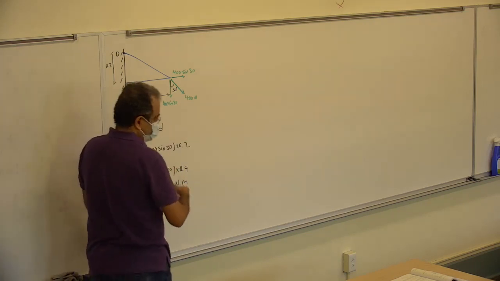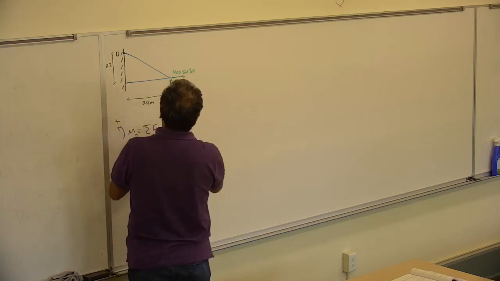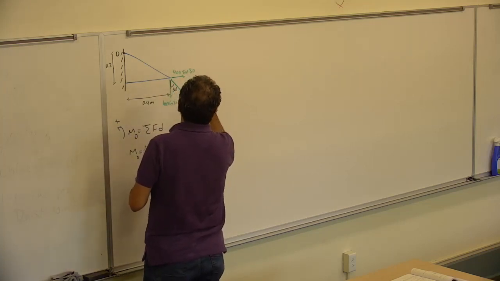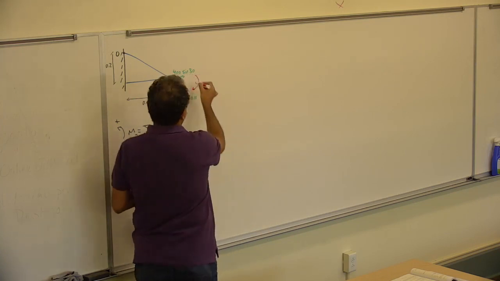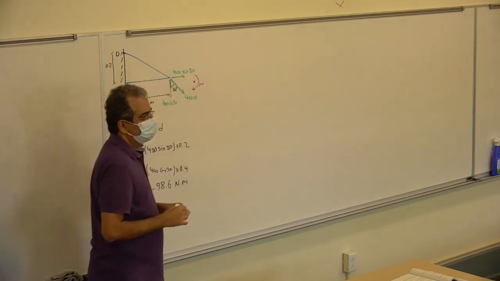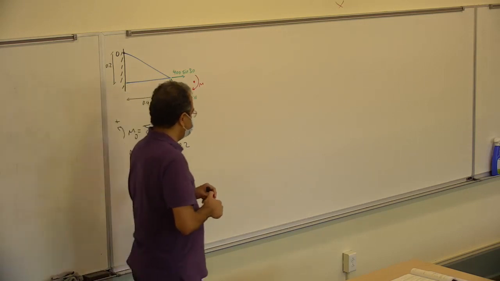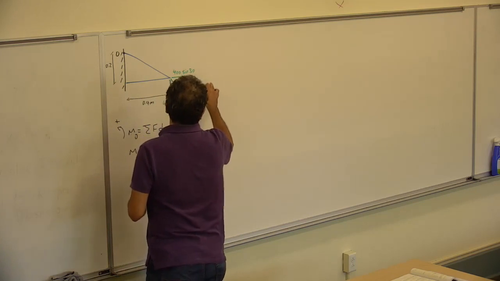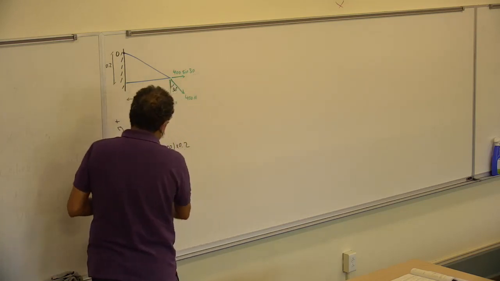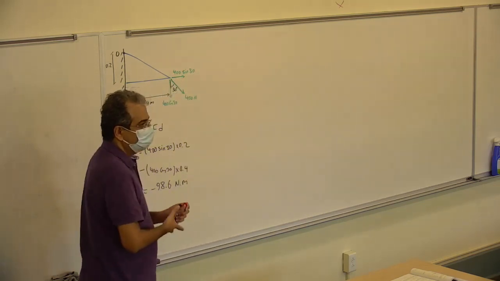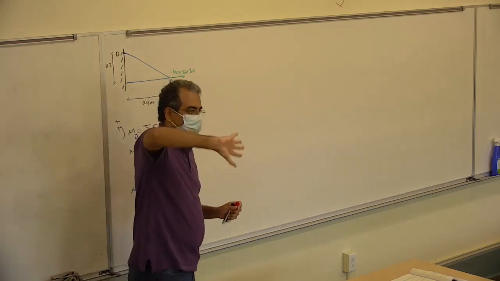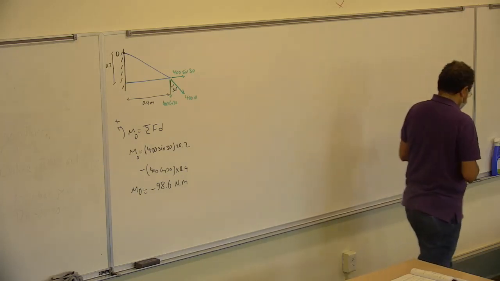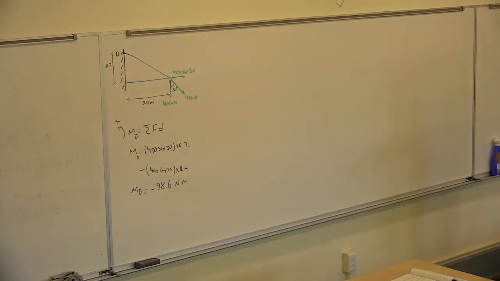You would draw it like this, into the board. But usually in 2D, you just say clockwise or counterclockwise as a magnitude. In 3D, then we show the axis.